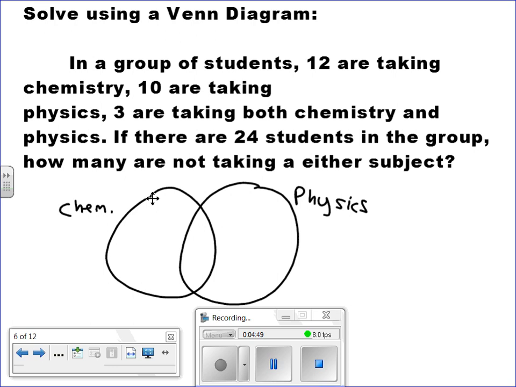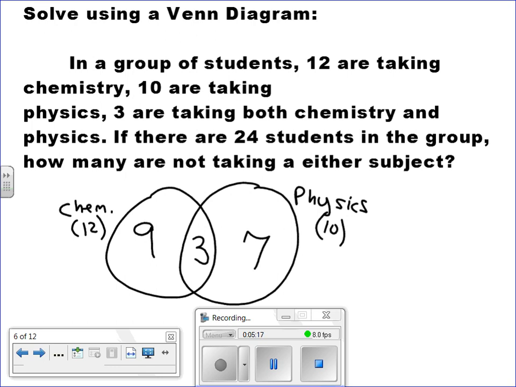And we know 12 are taking chemistry total, and 10 are taking physics total. We have to kind of consider the overlap area. 3 are taking both. That'll definitely start us off. So for one ticket, can you tell me what's going to go in my chemistry only position, in my physics only position, and not the overlap position? Jalen? And then what about physics? Good. And now let's try to answer the question.